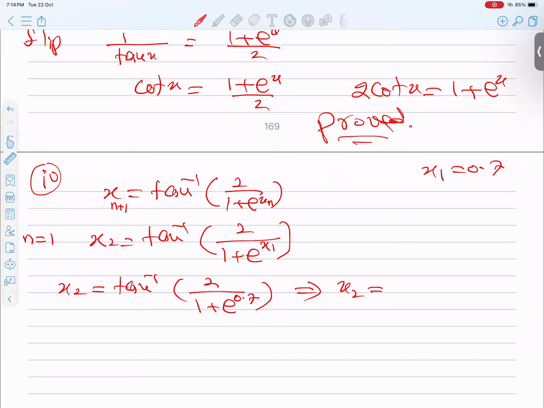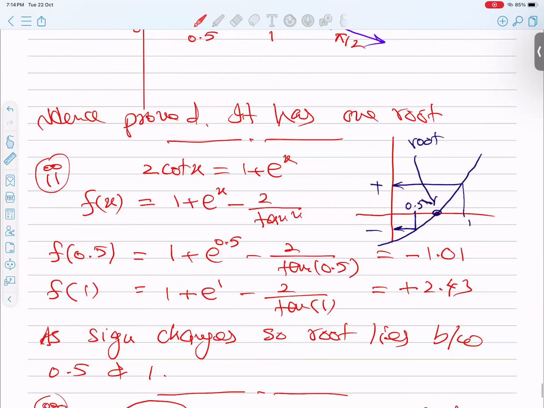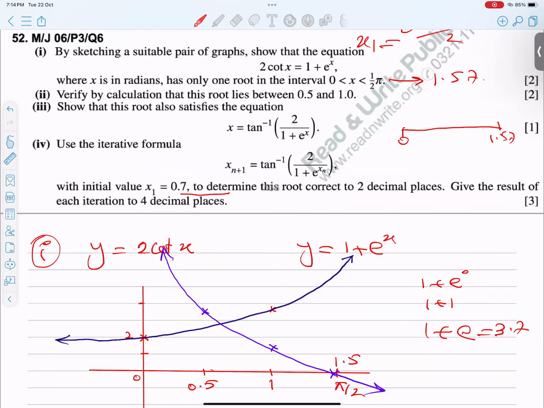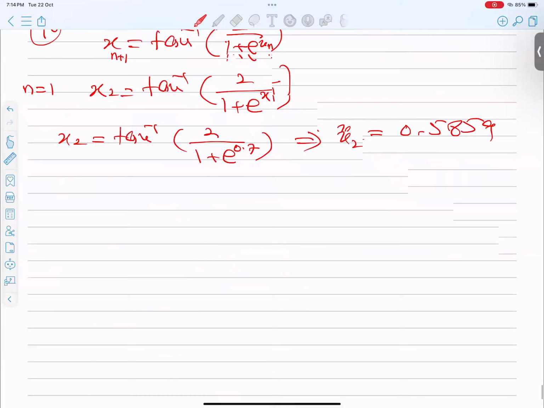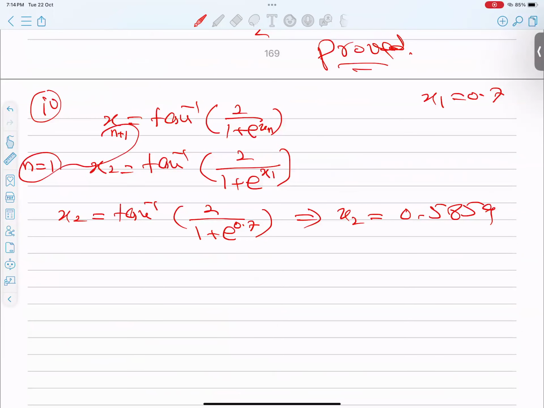And what is my final answer? Not final, sorry, 0.5859. He said you have to find each answer to 4 dp, but the final answer to 2 dp. So this is rounded to 4 dp. Now first I plugged in n equals 1 here. Now I will plug in n equals 2 here, and I get x3 as tan inverse of 2 over 1 plus e to power x2.